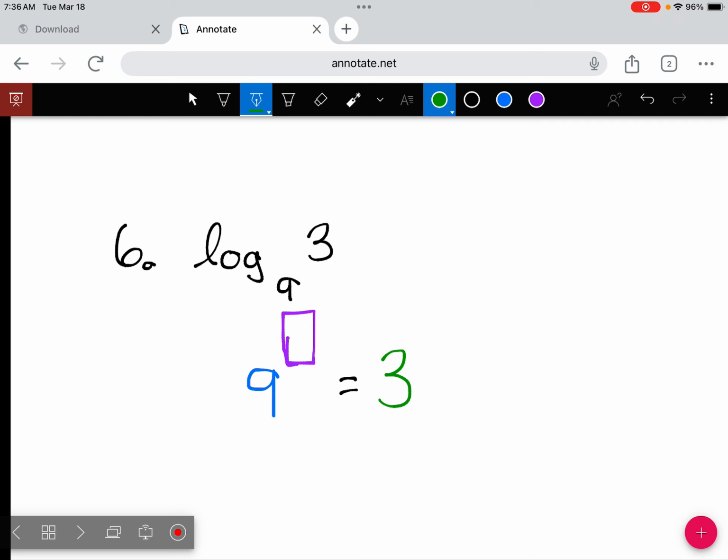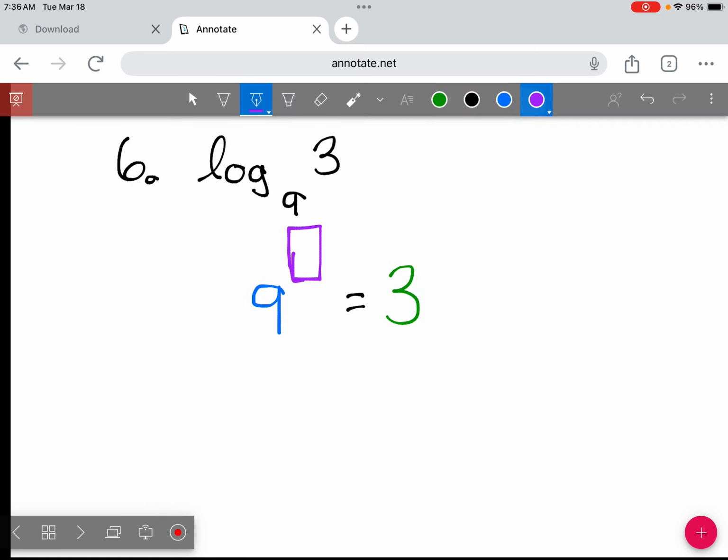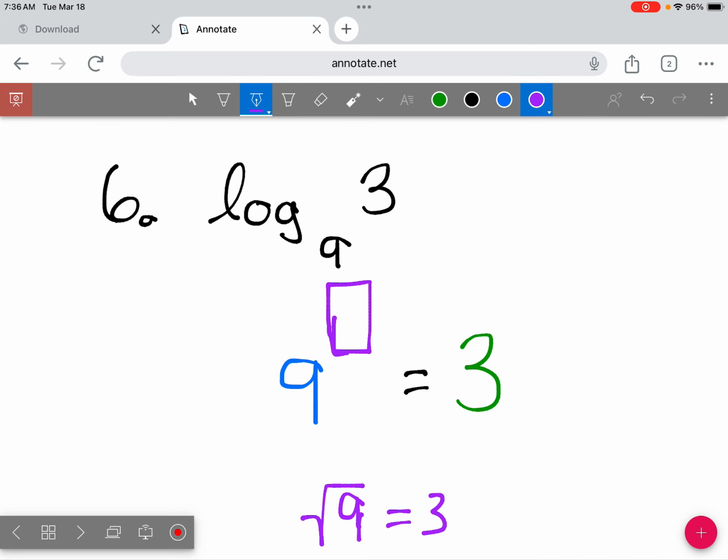So the one that we tend to think of that's related to our exponents is that the square root of 9 equals 3. Another way to write square root, and we talked about this at the very end of first semester, is with our fraction roots, because that 2, that denominator, that's our index on the root.